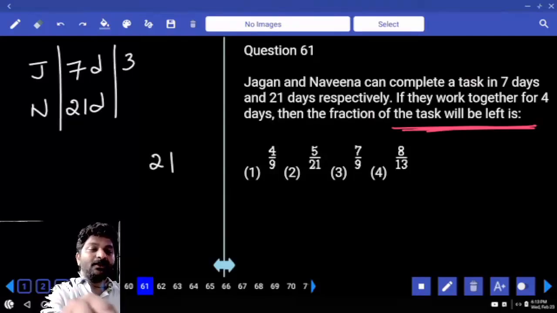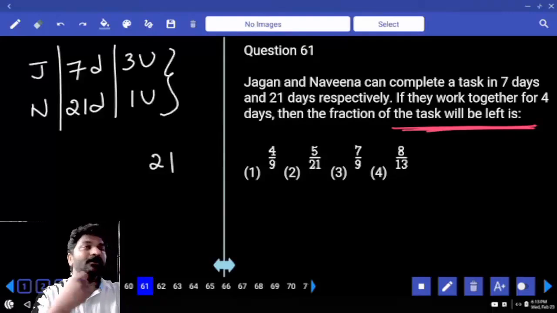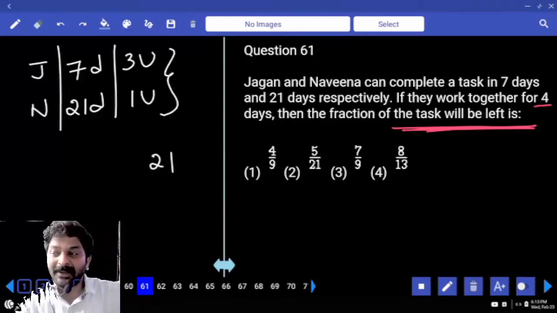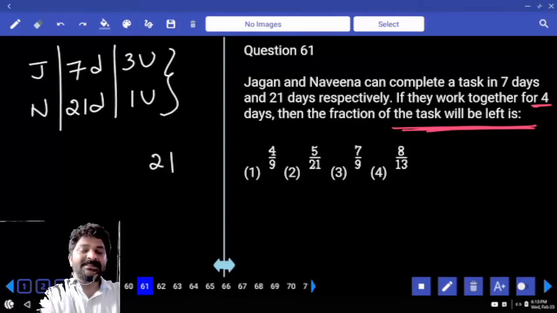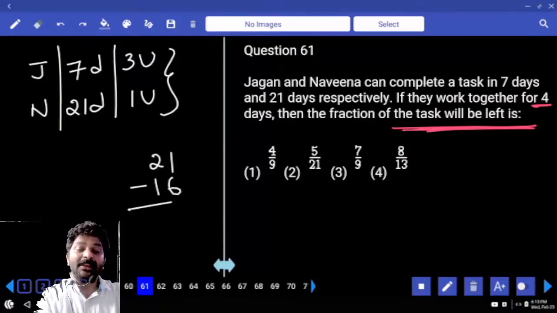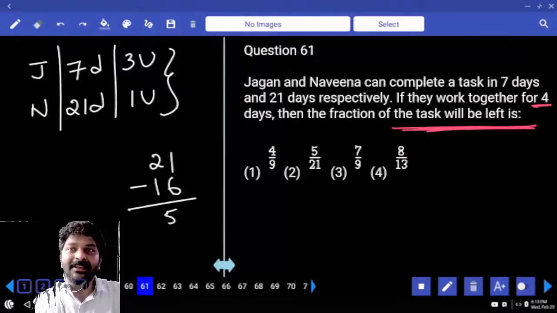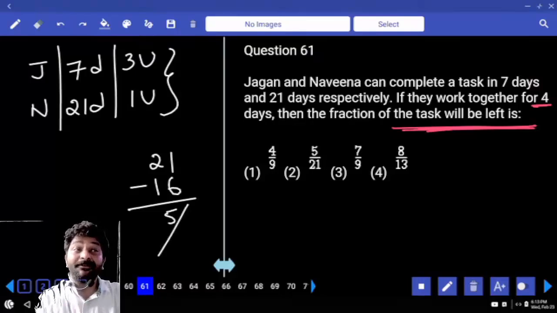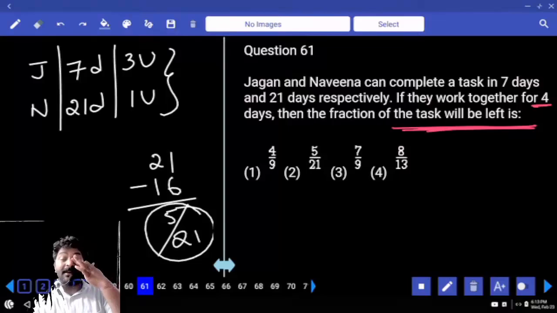So Jagan can do 3 units, Navina 1 unit. Together, per day 4 units. In 4 days, 16 units. So how many units are left? But we were asked to calculate in terms of fraction only. 5 units left out of 21. So the leftover in terms of fraction is 5 out of 21. Second option is the answer.